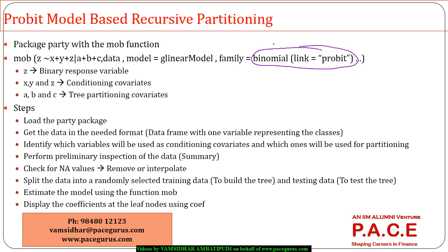When I specify it as just the binomial, we are getting it as a logit function. That is, the logistic distribution is typically used internally, but if I want a probit model, I have to explicitly specify that link is equal to probit. Rest of the things are exactly the same.